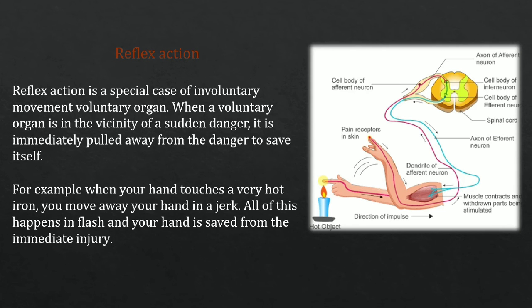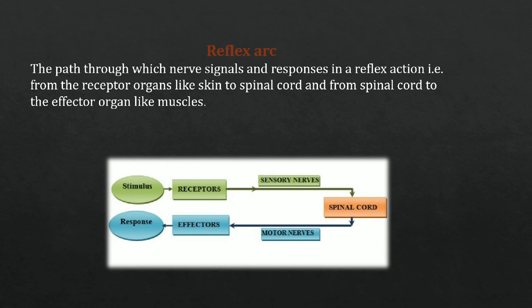Reflex arc is the path through which nerve signals and responses travel in reflex actions, that is from the receptor organ like skin to the spinal cord and from the spinal cord to the effector organ like muscles.